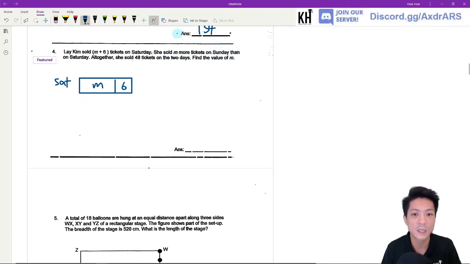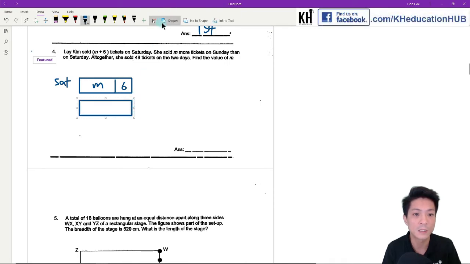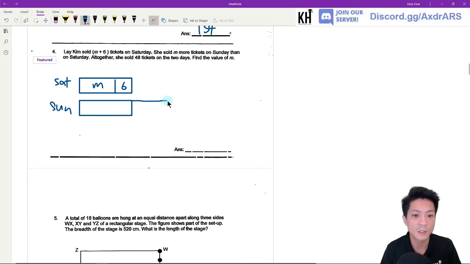Okay, on Sunday, she sold M more tickets, which means that I draw the same block for Sunday, then I draw another block over here which represents the M more, right?